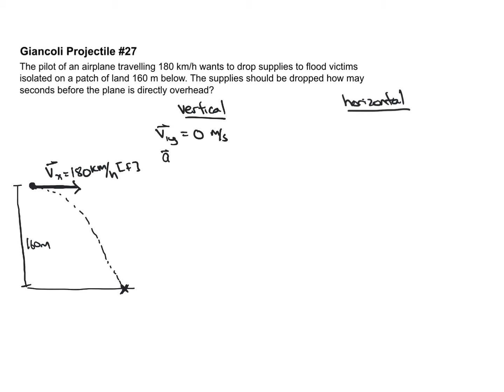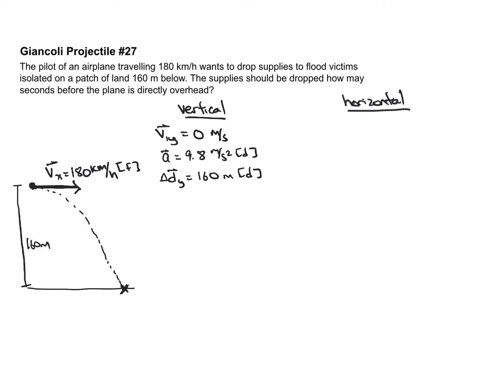The acceleration vertically is going to be due to gravity, 9.8 meters per second squared, down. The height that it has to fall is 160 meters, so that means the displacement of the package is 160 meters down. That's the displacement of the package. Oh, actually, I do have a lot of vertical information, so I think I am good.